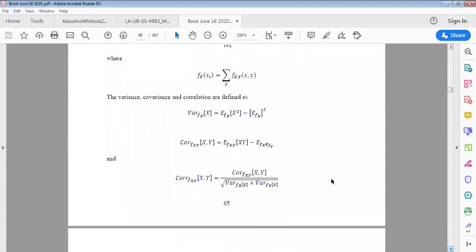Now, variance. Variance means how much anything varies from the central tendency of that variable. The variance for x is a formula which I should have derived here, but it's trivial actually. It's just the integral of x minus x bar whole square, f of x dx. And it comes out to be the expectation value of x squared minus the expectation value of x whole square.